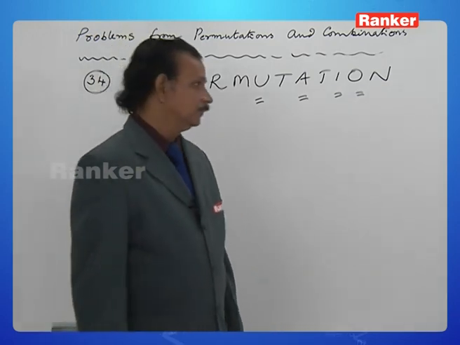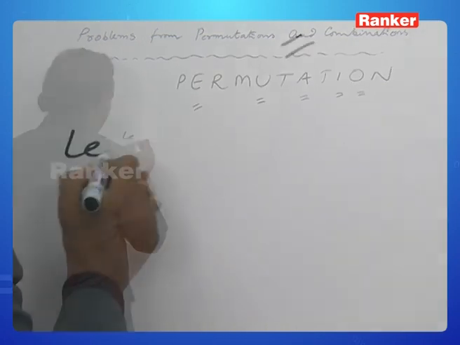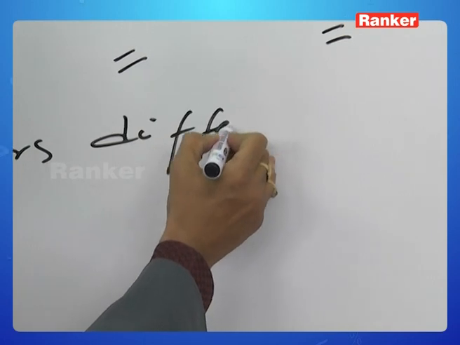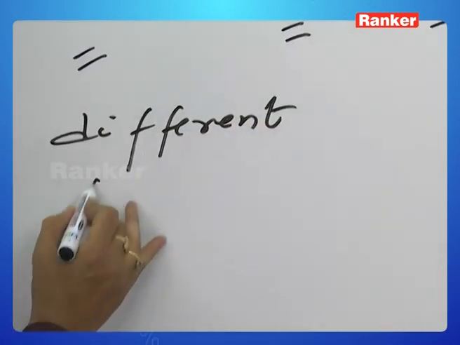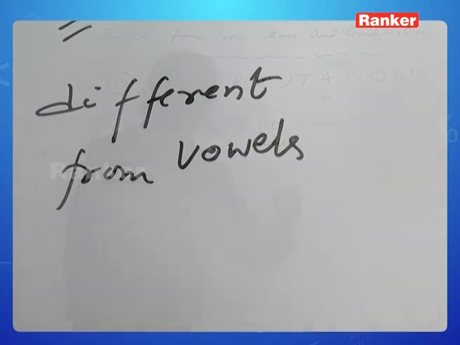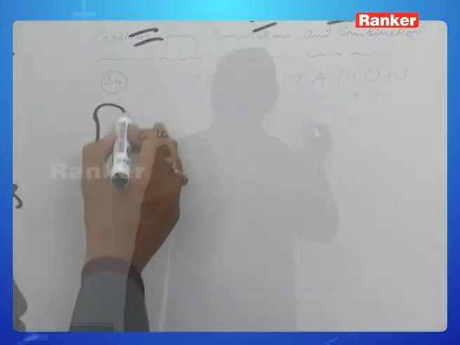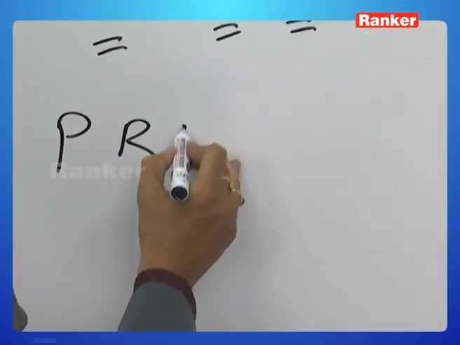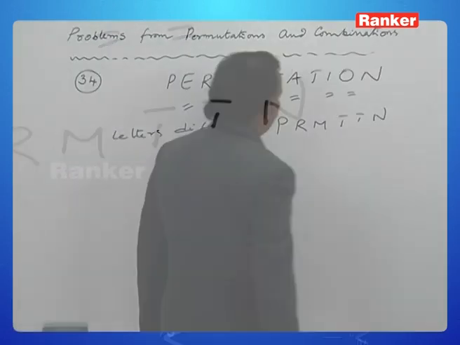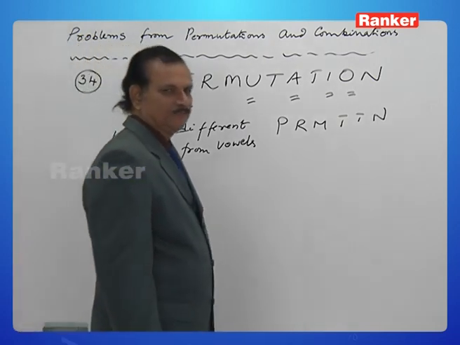Let us find them. What are the letters different from the vowels? P, R, M, T, T, N. How many are they in number? 6.